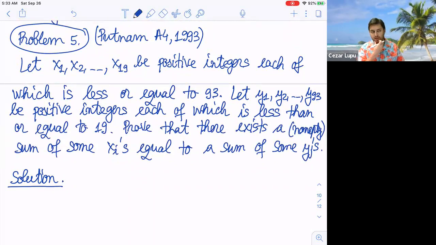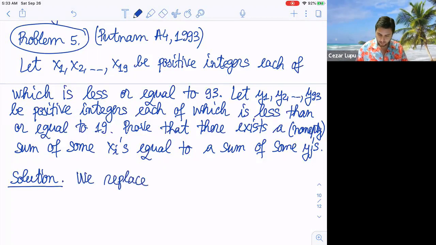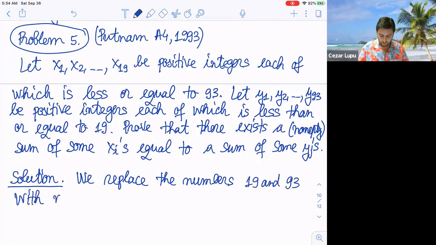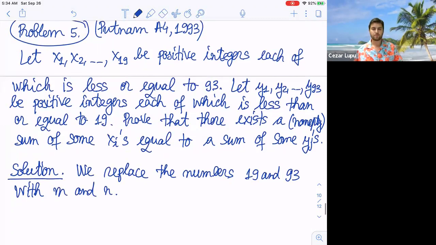So for the sake of generality, we'll replace those numbers, 19 and 93. We don't want to deal with that. So we replace the numbers 19 and 93 with M and N. I think it's much more convenient to do so, right? And now we define, let me take the sum of these.